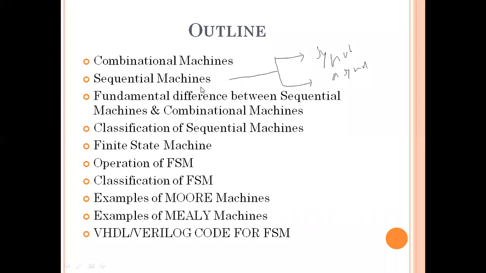Yes, a sequential circuit that has some practical bound governing the number of different conditions, or we can say the different states in which a sequential machine can reside. That is the simple definition for the finite state machine. Also, we can define it by the number of states, right?